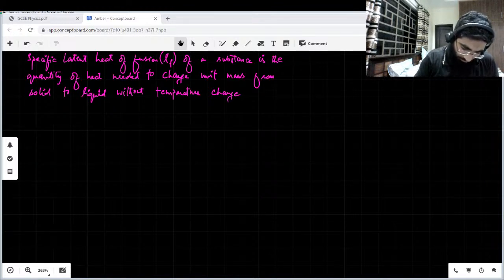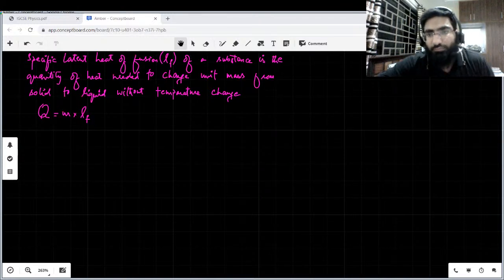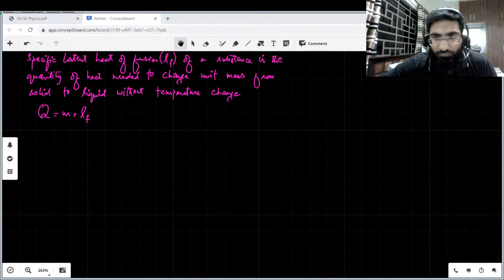Equation would be Q is equal to mass times latent heat of fusion, and the unit would be joules per kg.